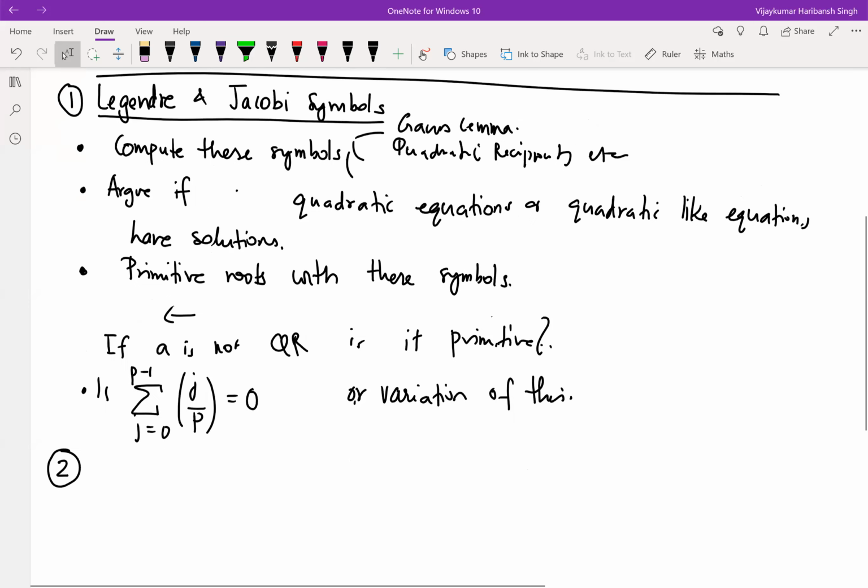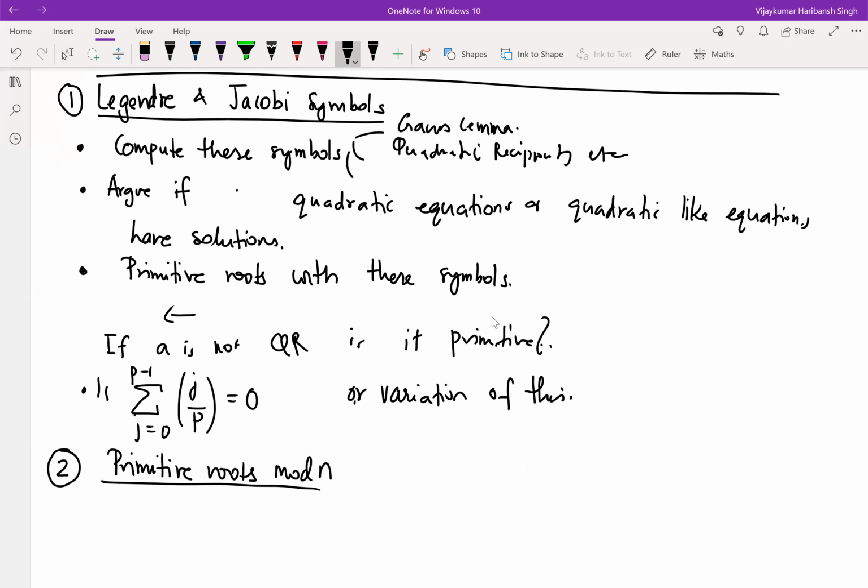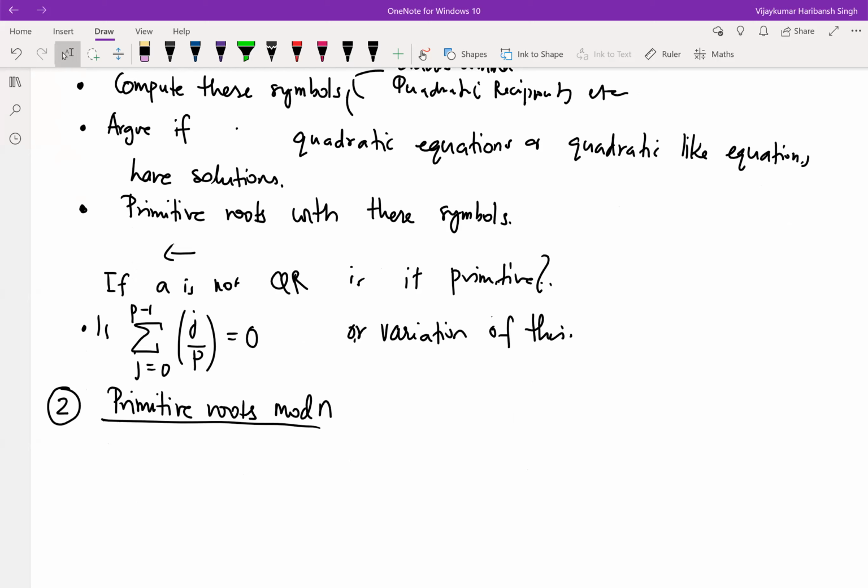So the next topic we want to discuss is about primitive roots mod n. First of all, we already know for what n does the primitive root exist.